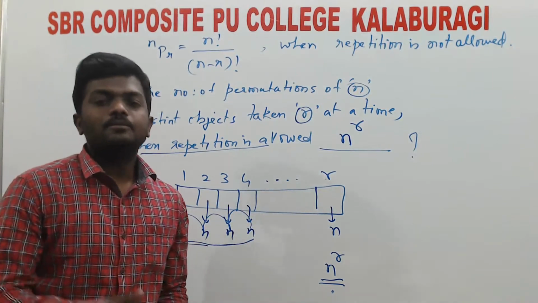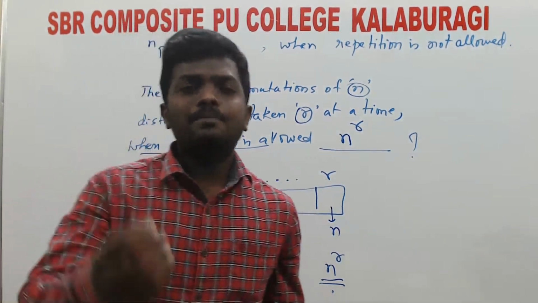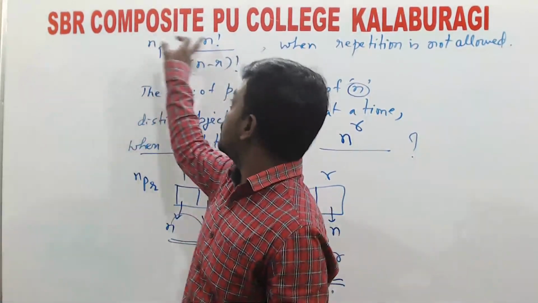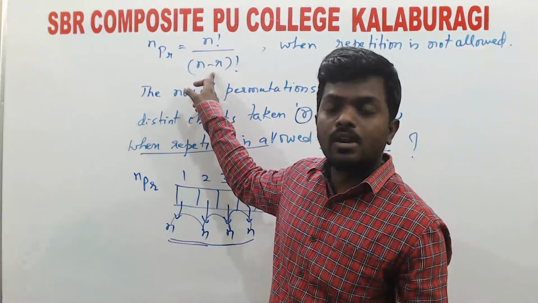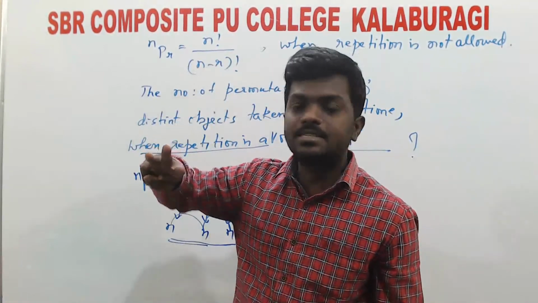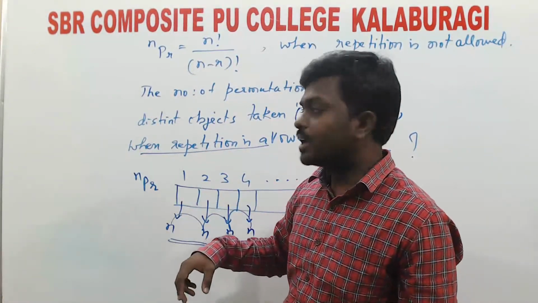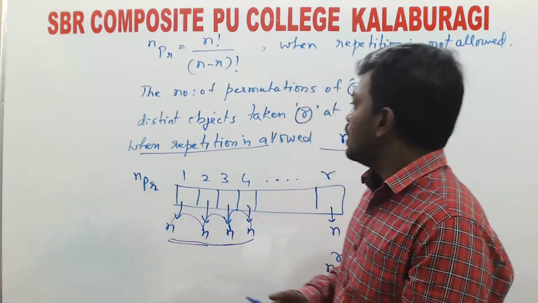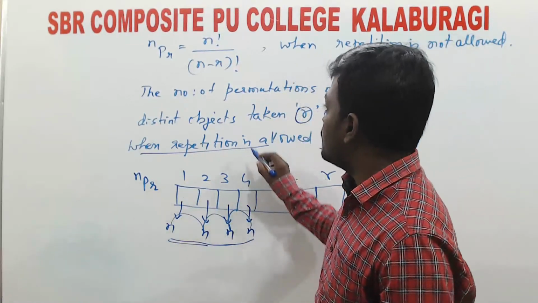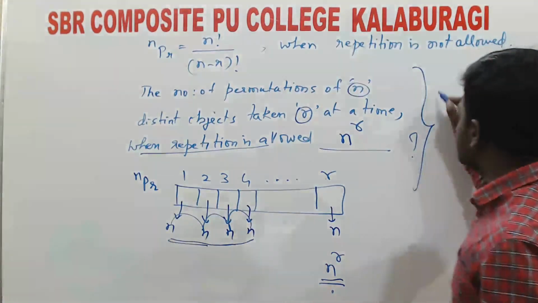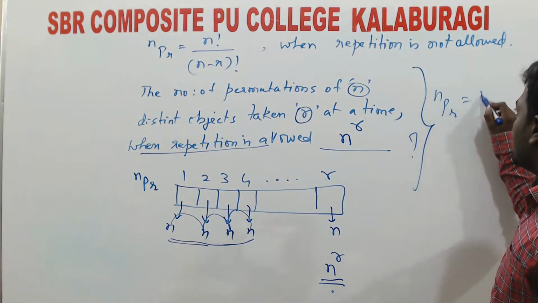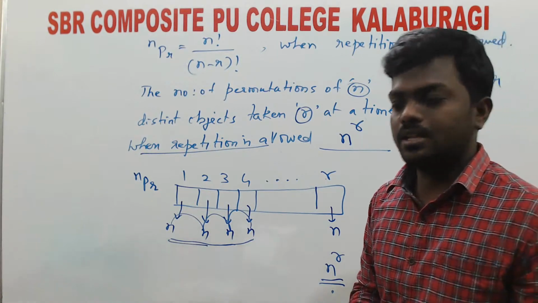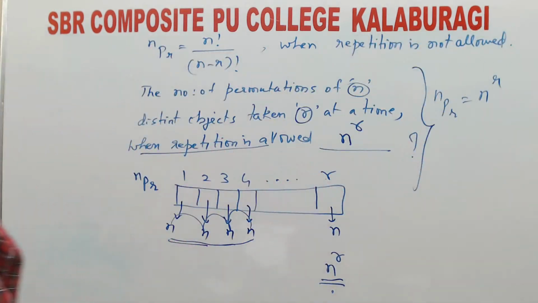We derived nPr when repetition is not allowed: n factorial by n minus r factorial. We saw three special cases. Now, if repetition is allowed, arranging this would be n to the power of r. Is that clear, students?